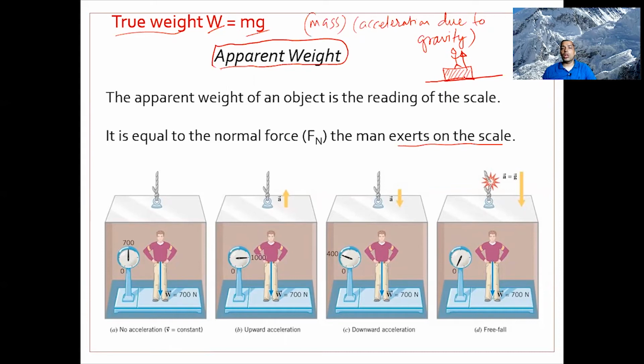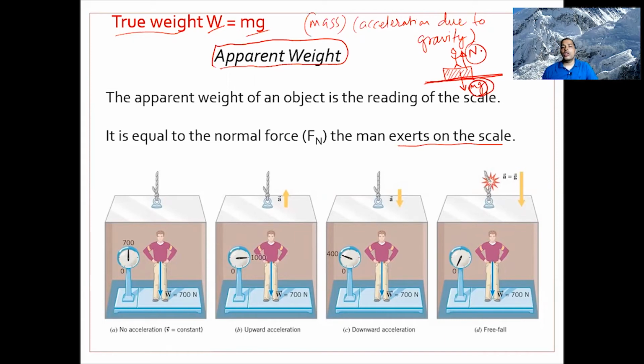So what is normal force? Normal force is equal to mg in this case, because this is on the flat surface and the weighing machine is not moving. In that case, your mg is equal to the normal force. So even though weighing machine measures normal force, it is essentially measuring your weight, which is mg.